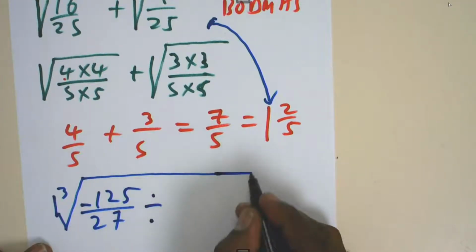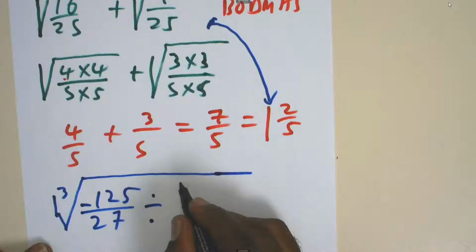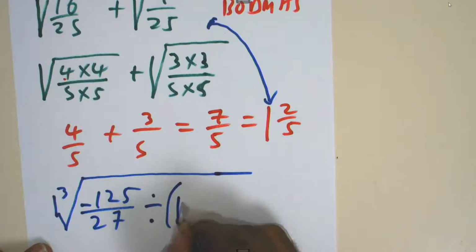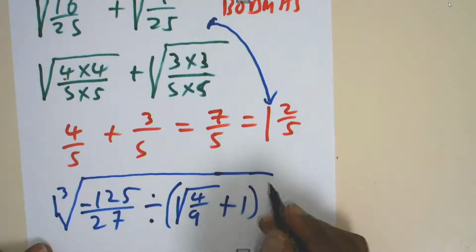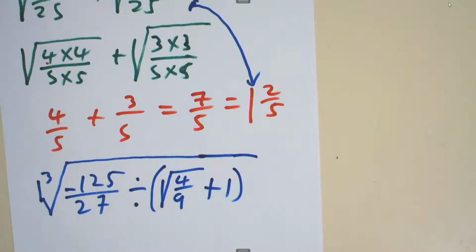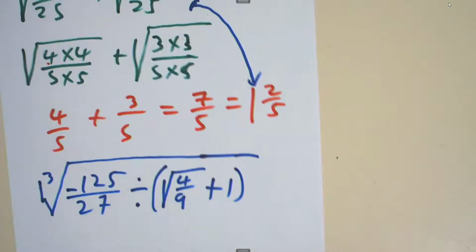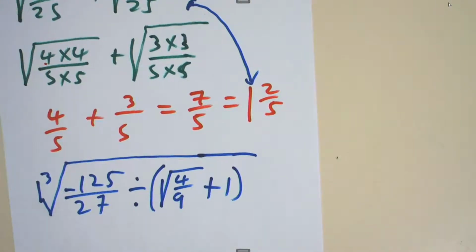Bracket, square root, your twins, plus 1. That's the situation. Mathematics is a step-by-step process. Right. We start with what is in the bracket.